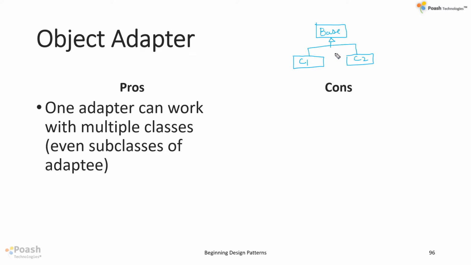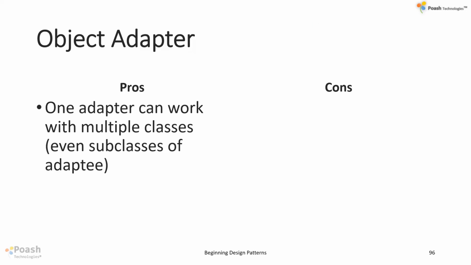And you may want to use the features of all the classes in this hierarchy, but their interface is incompatible with what we need. So it is possible to create one adapter here, and this adapter can adapt to the interface of the base class. So this way, through polymorphism, one adapter can work with all the classes in this hierarchy.